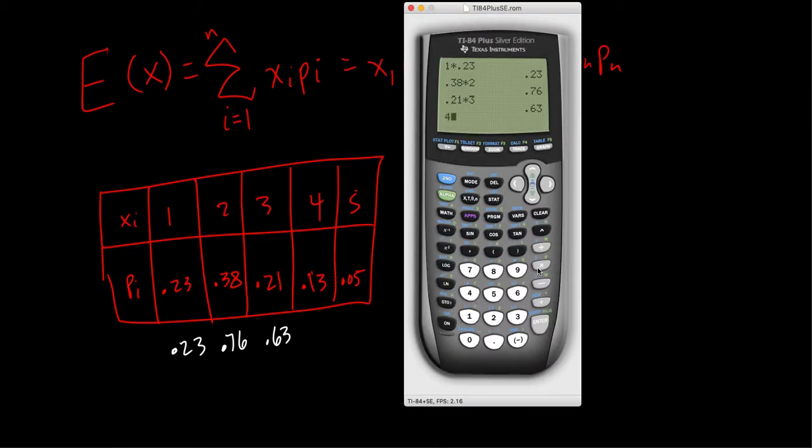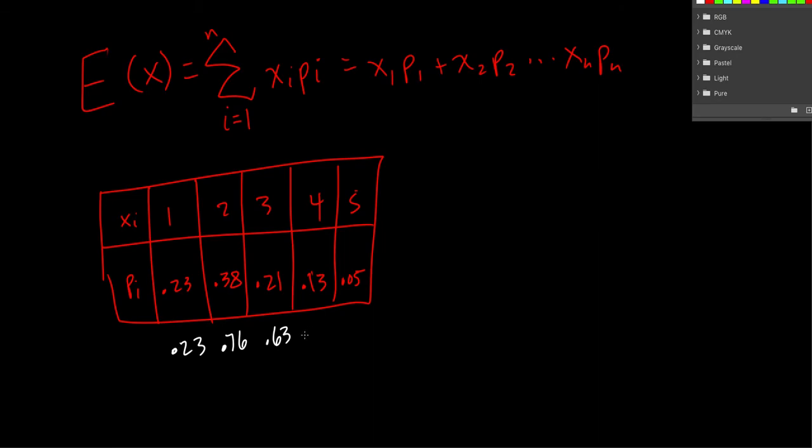And then we get 4 times 0.13, and 5 times 0.05, so 0.52 and 0.25. So we have all of those, and then we just need to add them together.